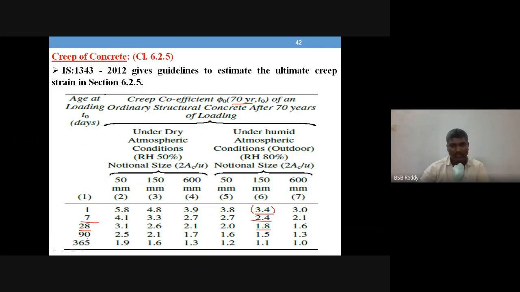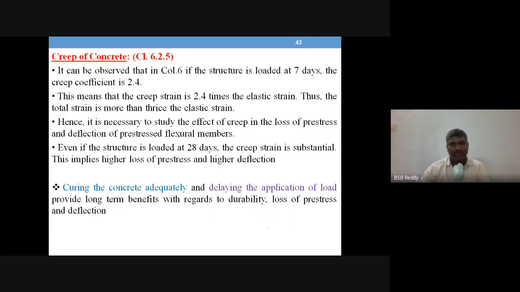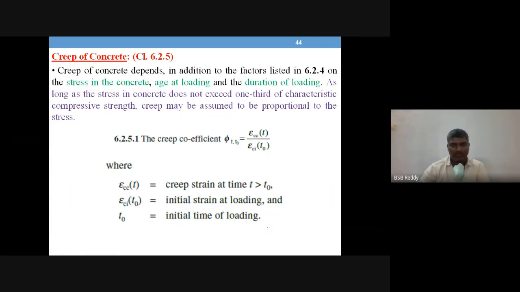As you delay the age at loading, the creep coefficient value comes down, and the ultimate creep strain also reduces. This is what we talked about in the last session.